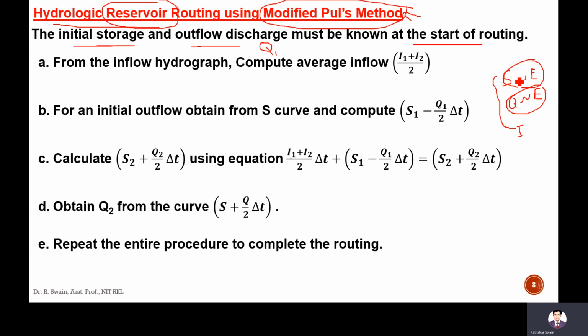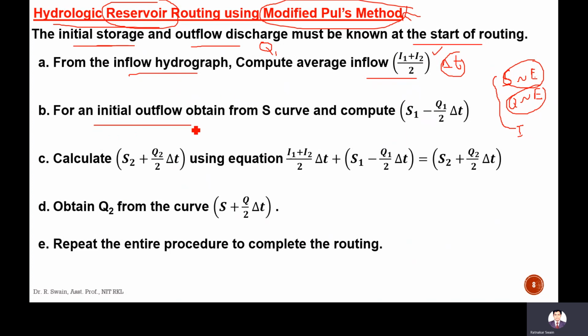For an elevation, if we know the initial storage, then the elevation can be determined from that plot. From that elevation, Q can be determined. From the inflow hydrograph, we compute the average inflow I1 plus I2 by 2. First we have to choose the delta T, and over that delta T this average is done.